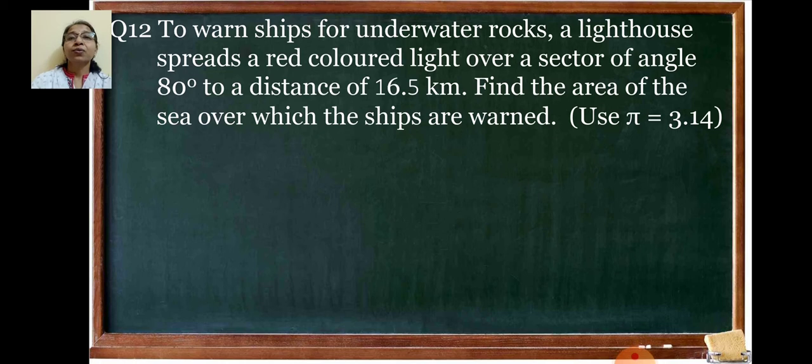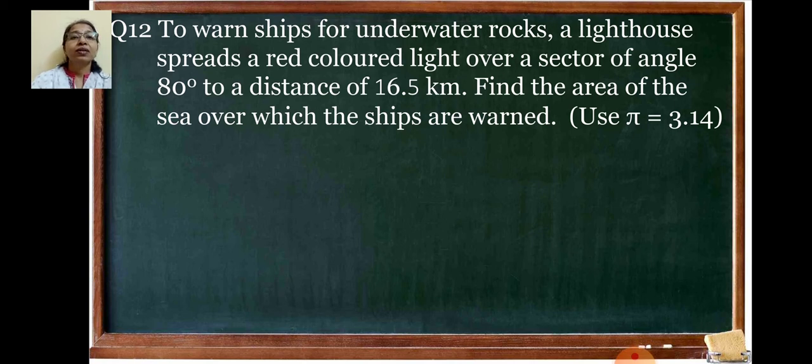Right. Now the distance that the red light covers, 16.5 kilometer, is nothing but the radius of the sector, because it rotates through 80 degree, which means it will cover a sector shape area. So the radius is the distance up to which the red light travels, and the central angle theta is 80 degree.